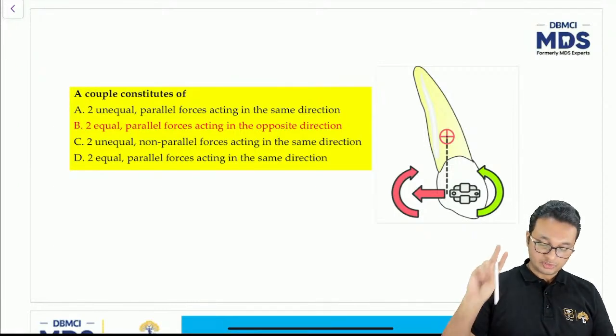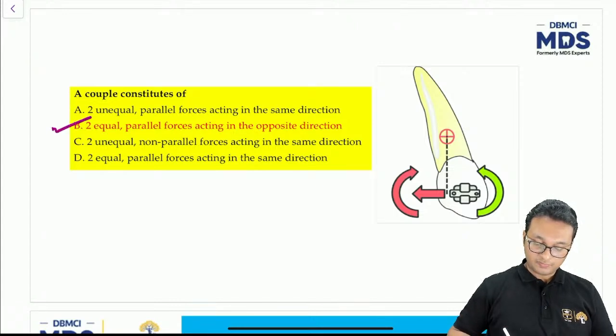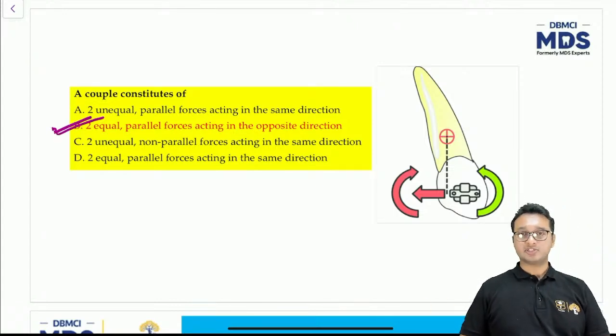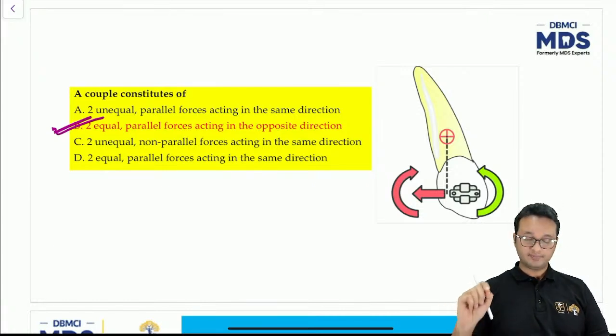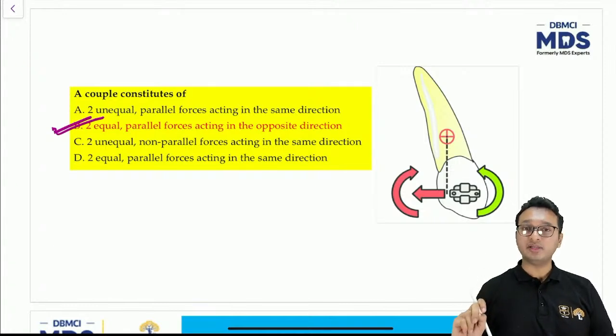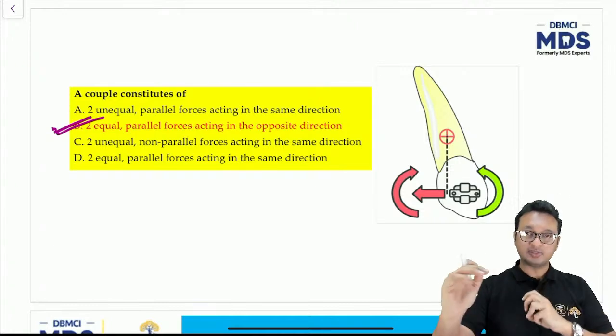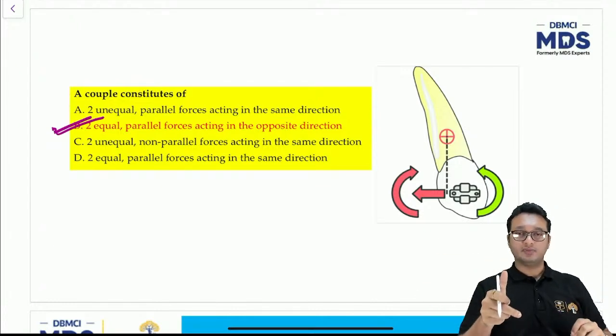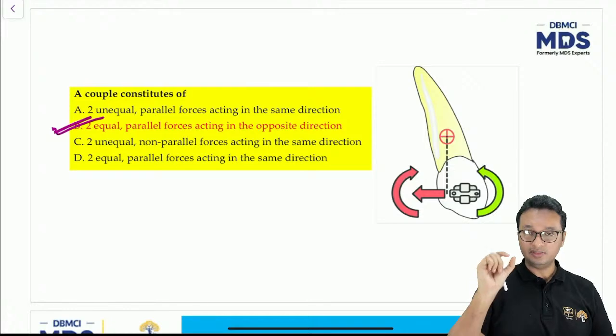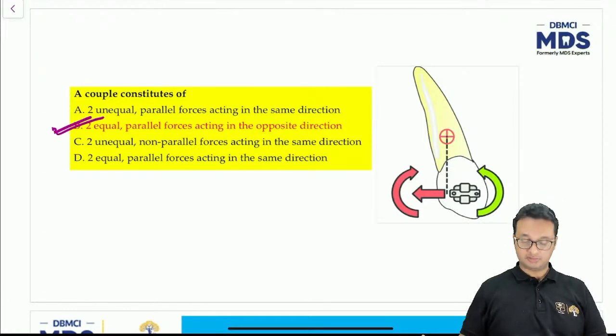It constitutes two equal parallel forces acting in the opposite direction. Equal but non-collinear forces acting in opposite directions lead to a tendency called rotation of that body around an axis in the center of the tooth.